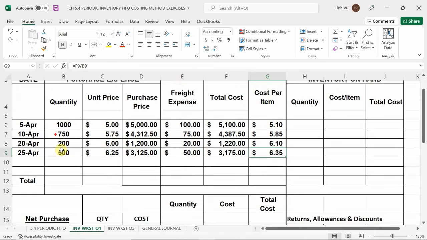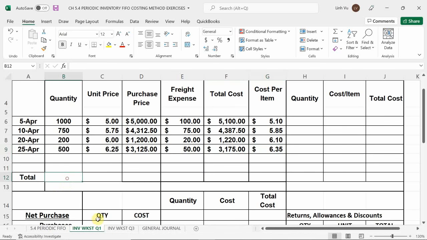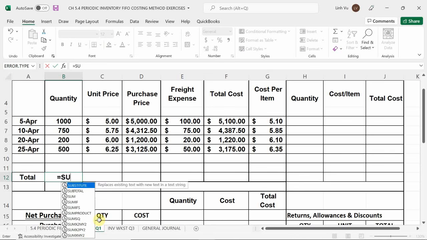Excuse me. So, since I know I have 600 units on hand, that means I reached the end of my accounting period, April 30th. So therefore, I need to tally up my totals, okay? So what I'm going to use here is equal sum. Equal sum is going to add up your numbers accordingly.